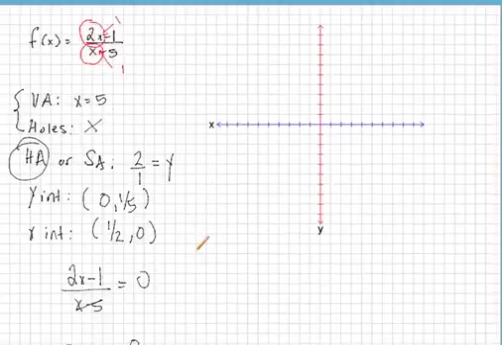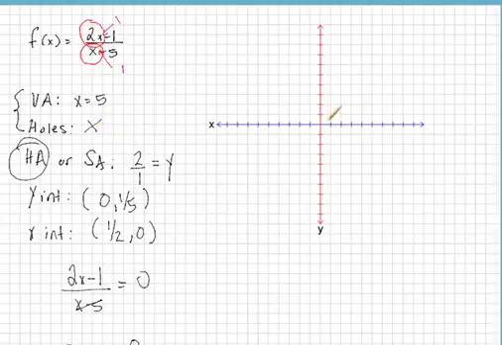All right, let's graph this puppy. Let's put in our asymptotes first. We have a vertical asymptote at 1, 2, 3, 4, 5, x equals 5. So I'm going to do my very best to try and draw this straight. And we're going to want to label that on our graph. A horizontal asymptote occurs at y equals 2 over 1 or just 2.